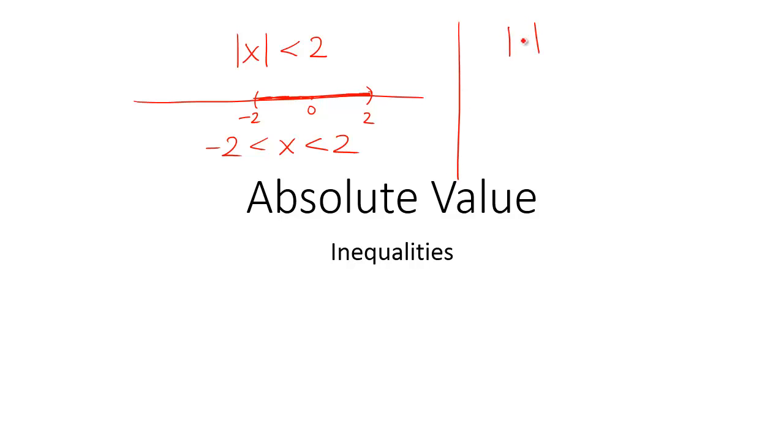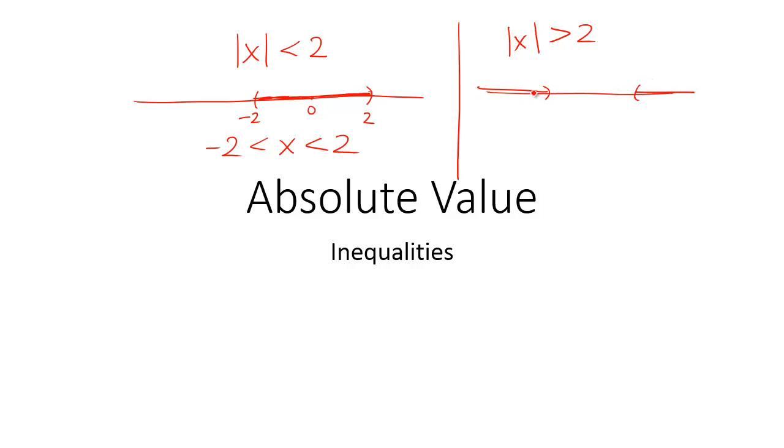If you had absolute value greater than 2, then you'd have the exact opposite of this. So your endpoints in this case, because it's open, would still be open. However, everything in between -2 and 2 is going to be less than 2 as an answer. So you want everything out on the outskirts.